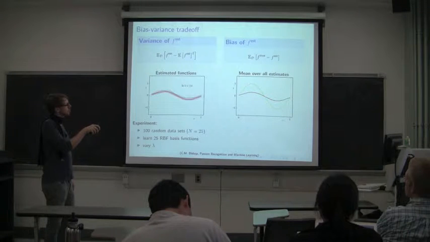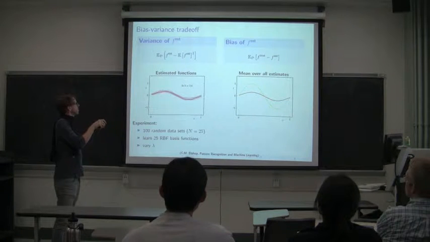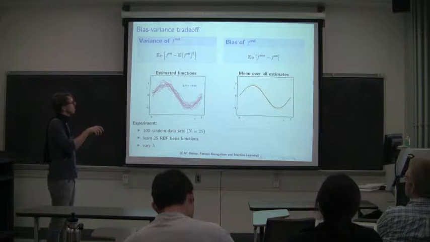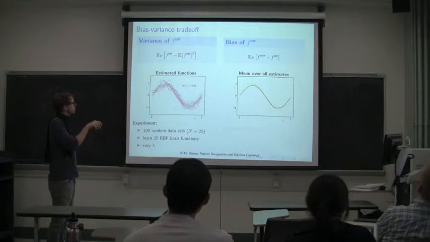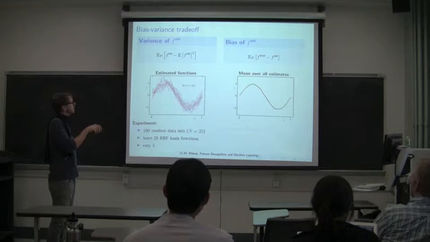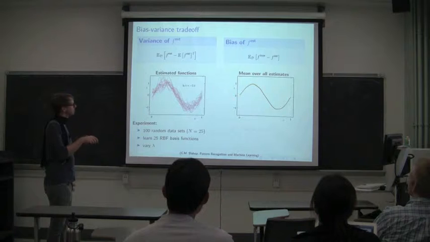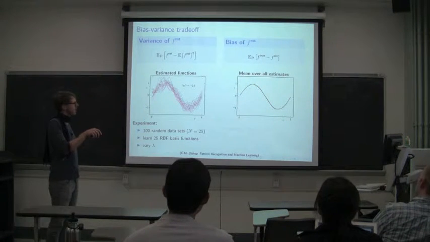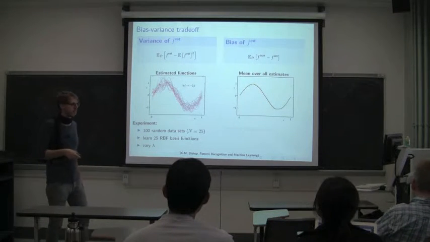We see that there's a huge difference between this mean, which is an estimate of the expectation, and the true function, and the variance is very small. If we decrease this parameter lambda, the bias gets smaller but the variance gets larger, and in the limit of making lambda 0, we will get 0 bias at some point, and the variance will be immense.